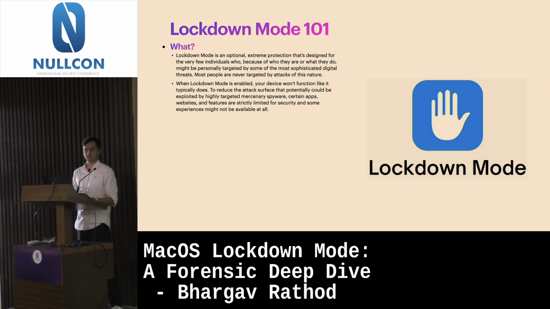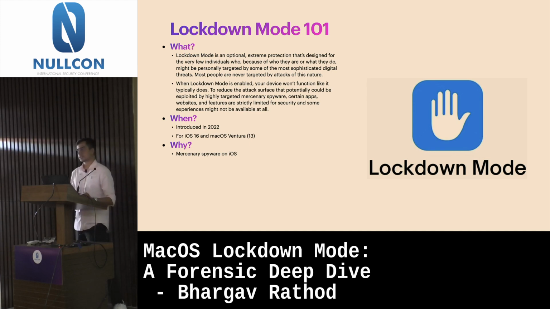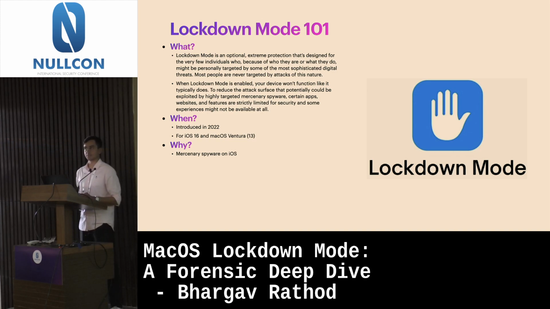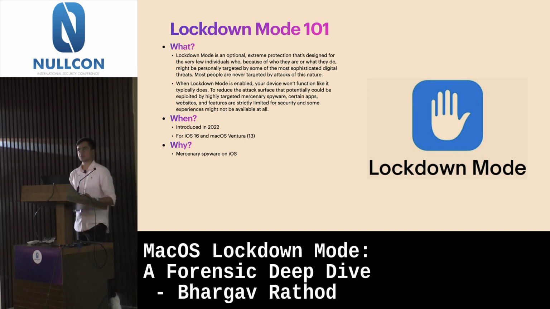In this case, macOS. It was introduced in 2022, initially for iOS 16 and macOS Ventura. So why was this introduced? There were a lot of reports from different people and organizations who analyze mercenary spyware on iOS devices. The most famous name, I think most of you are aware of, is Pegasus, which is developed by NSO.